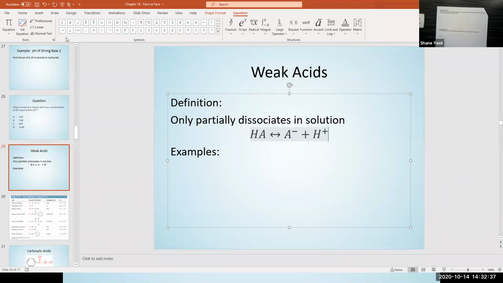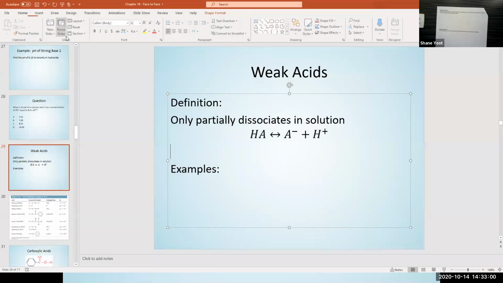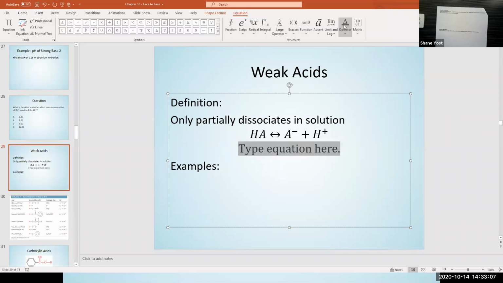In general, it only partially dissociates, does not 100% break up. And so what will happen is you'll have some equilibrium established between the weak acid and its conjugate base. It's going to be HA, and its conjugate base is going to be A minus. And that is going to have an equilibrium constant that we're going to call Ka here.